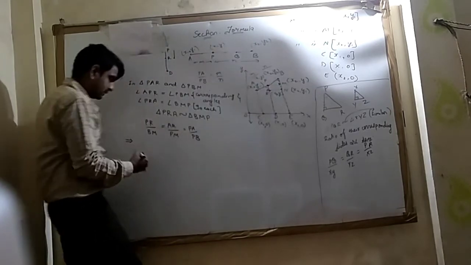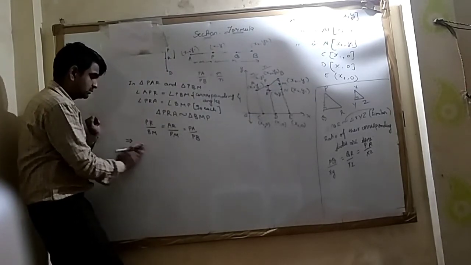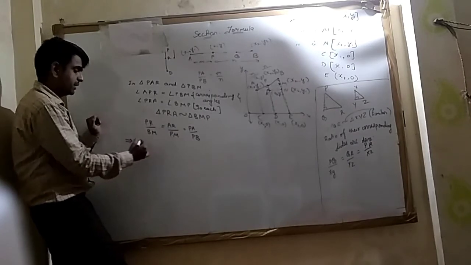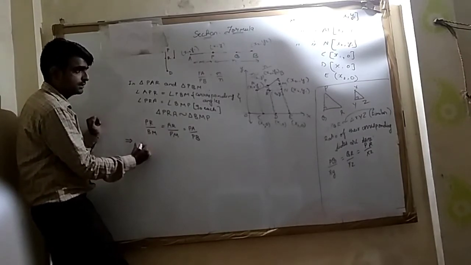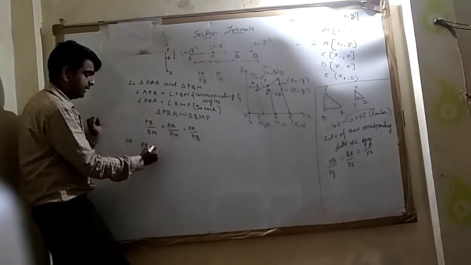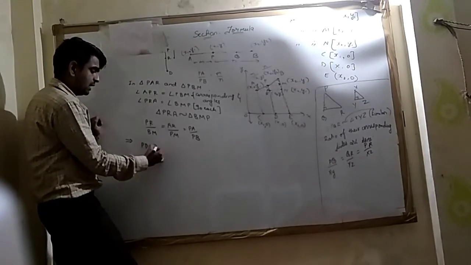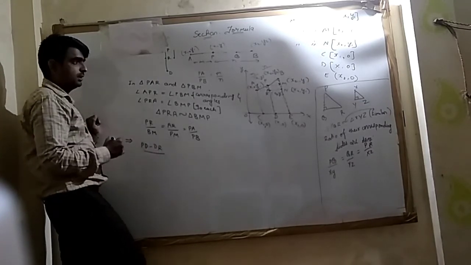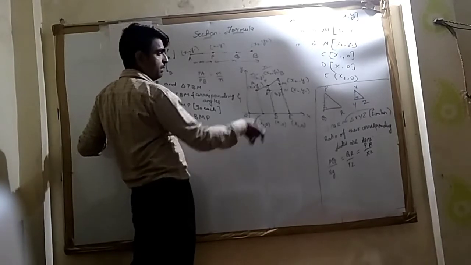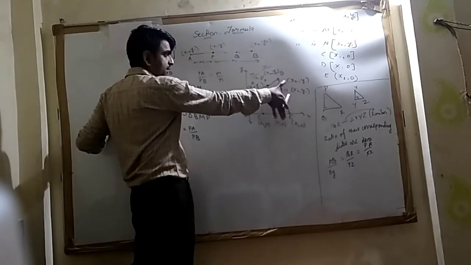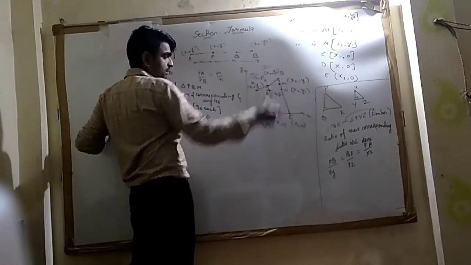It is y. So just write PR can be written as PD minus DR. Similarly, now I need to find this BM. So BM can be written as EB minus EM.